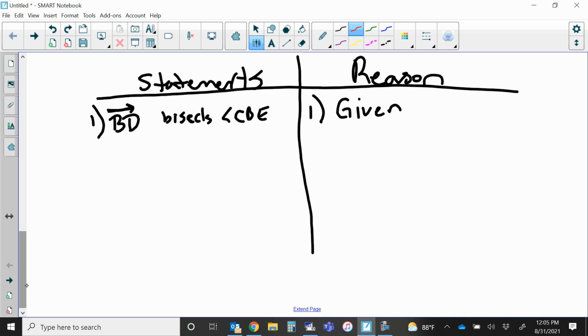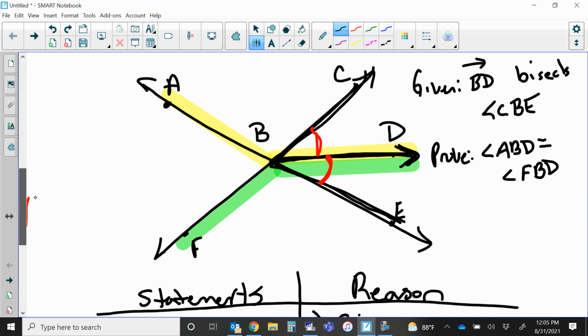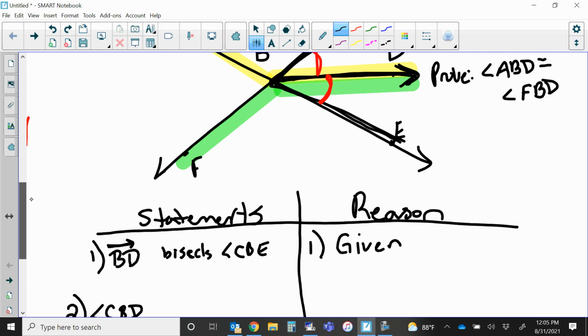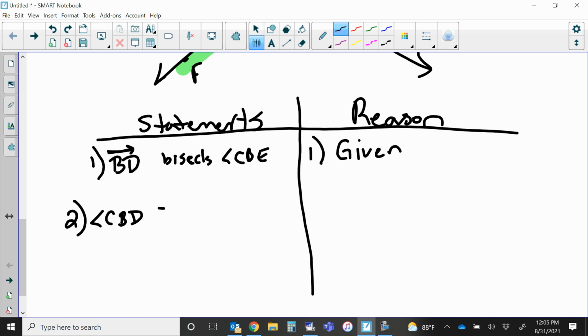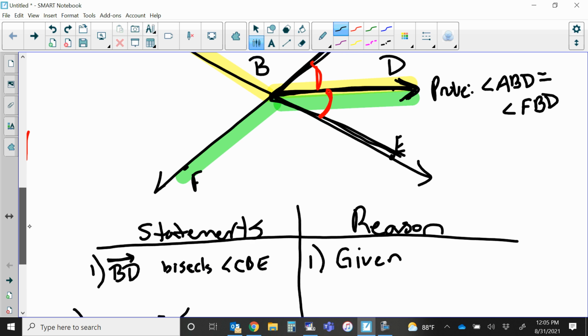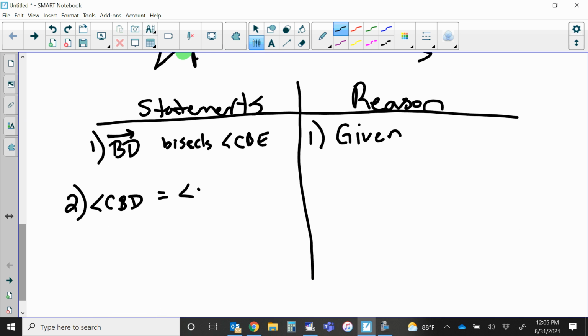So what am I going to write for my second fact? Angle CBD is equal to angle DBE. And why do we know that to be true?